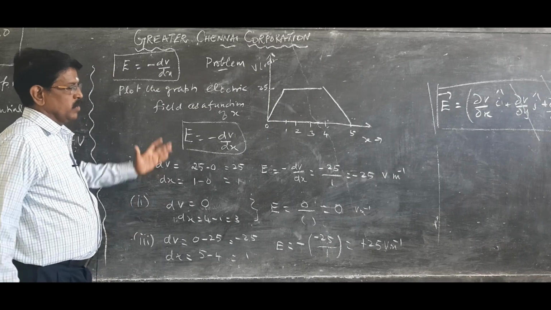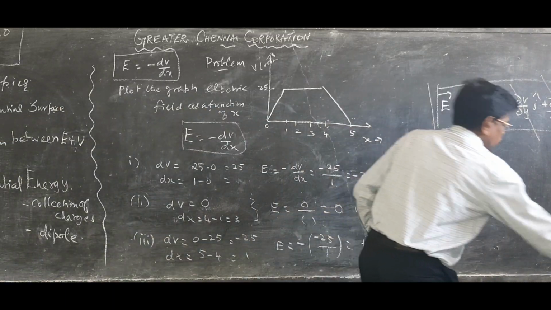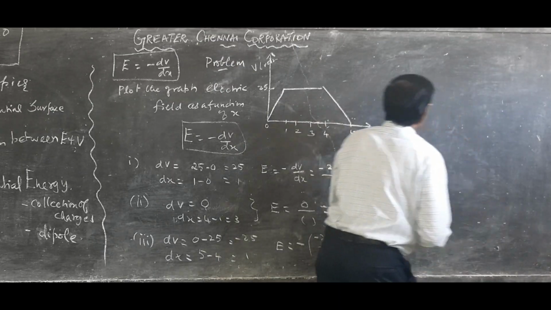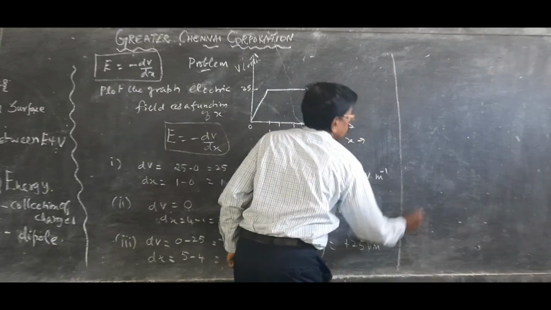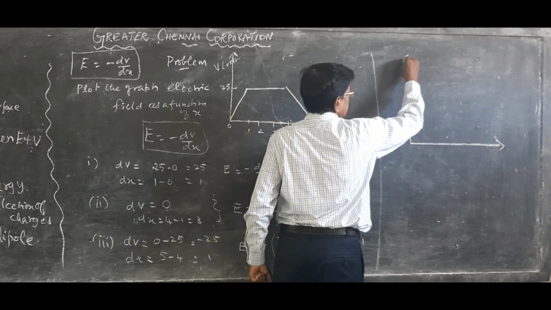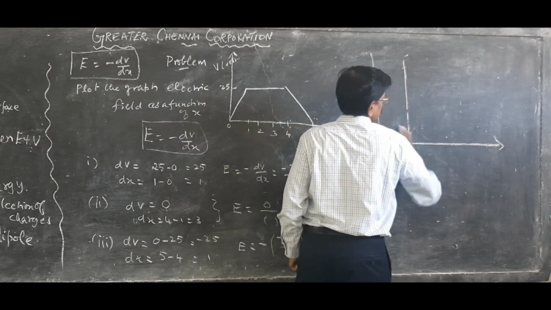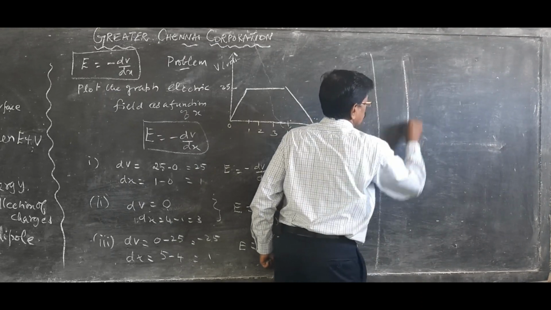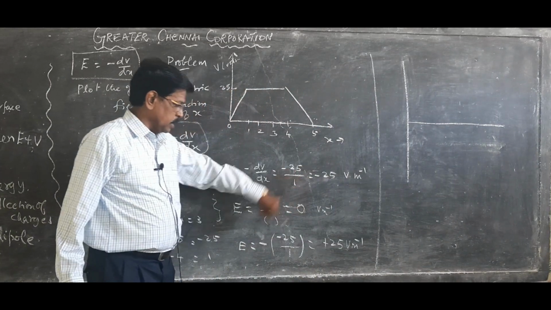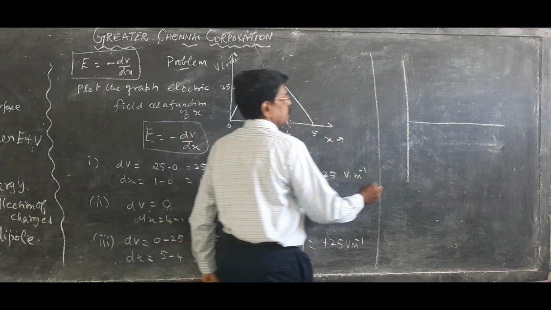Now we have to plot the graph between the electric field and the distance. This is a graph. Since it has both positive and negative values, I should take the graph like this.